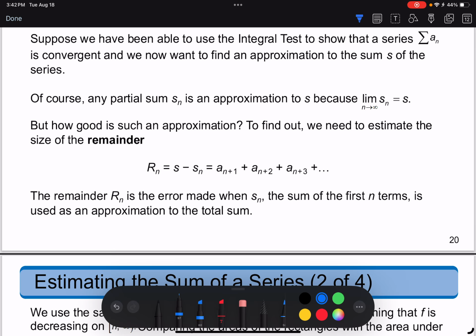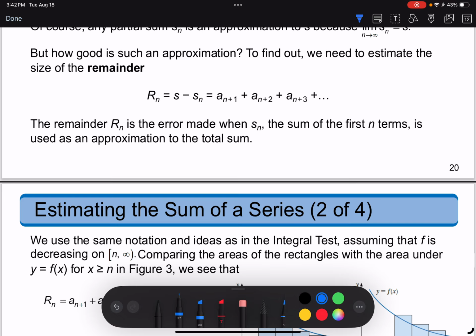The difference R sub n is equal to S minus S sub n. So the terms that we have not considered are a sub n plus 1, a sub n plus 2, a sub n plus 3, and so on. The remainder R sub n is the error made when S sub n, the sum of the first n terms, is used as an approximation to the total sum.